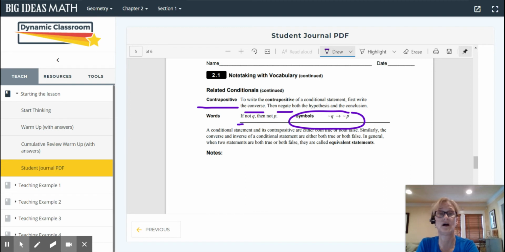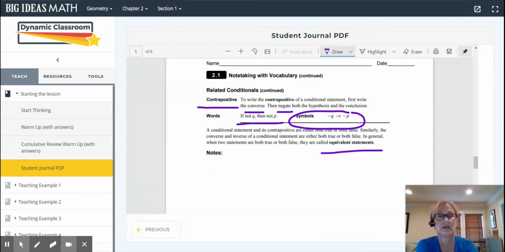You'd say if not Q, then not P. So a conditional statement and its contrapositive are either both true or both false. So they're the same thing logically, and similarly, the converse and the inverse go together. Those are also both true or false. So we would say that those are equivalent statements.